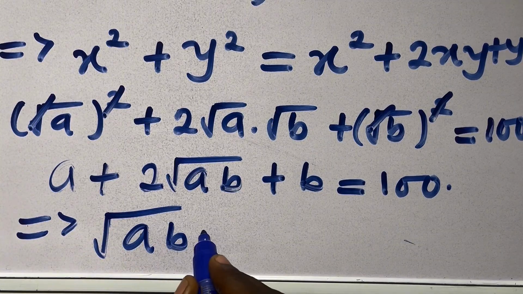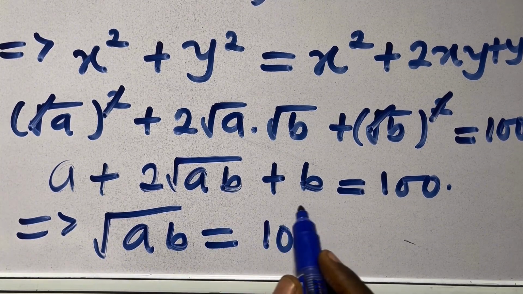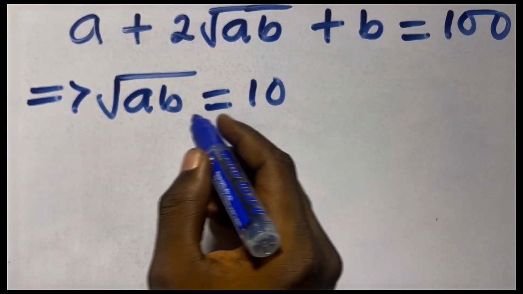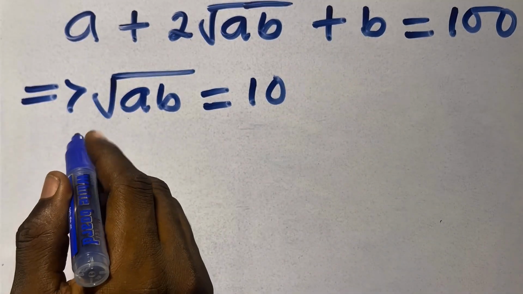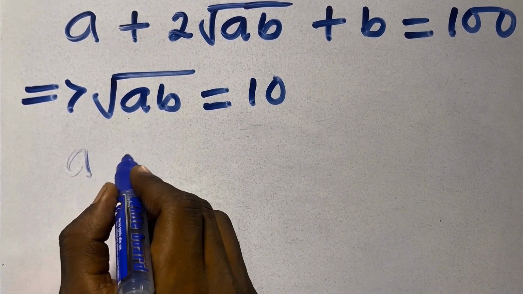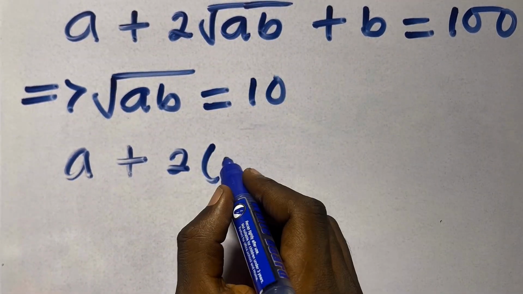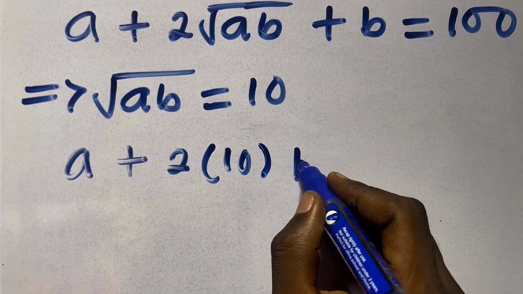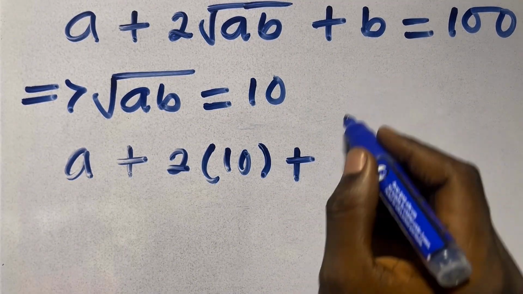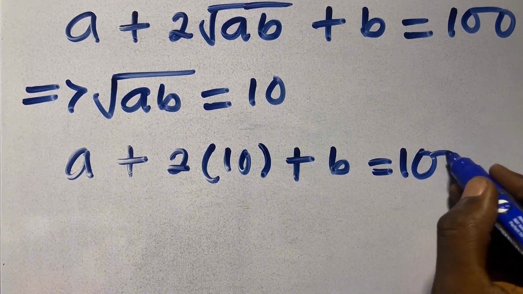Now recall that from our given equation 2, square root of ab is equal to 10. So we substitute square root of ab equals 10 into the expression above. We have a plus 2 times 10 plus b equals 100.